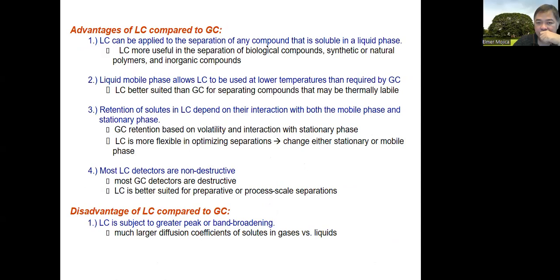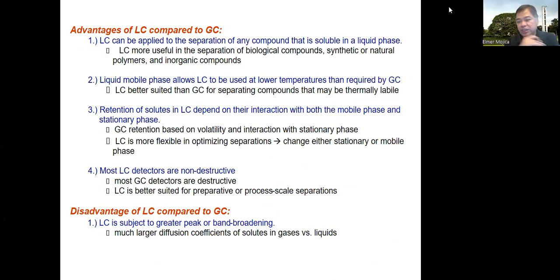Okay, so there are several advantages of LC compared to GC. We will talk about GC when we resume our class after your 1 week break. Some of the advantages are listed here. LC can be applied to the separation of compounds that are soluble in a liquid phase.